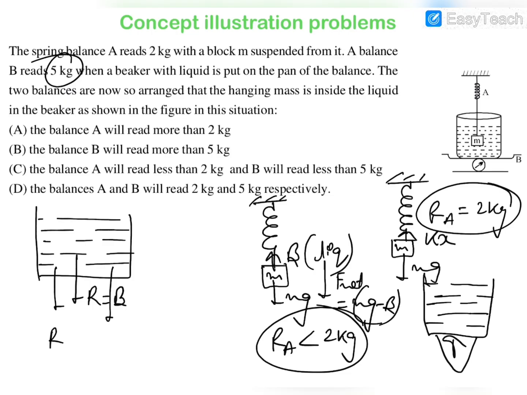So the reading of the pan weighing machine will be obviously greater than 5 kg. So we can say that option A is incorrect, option B is correct, C is incorrect, and D is incorrect. So the only correct option is option B. Now let's move on to the next question.